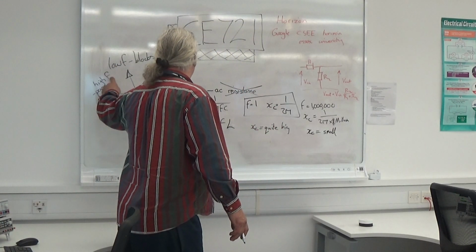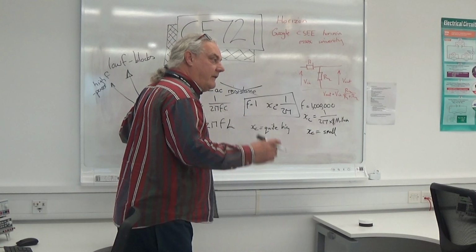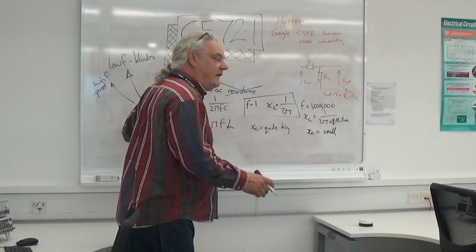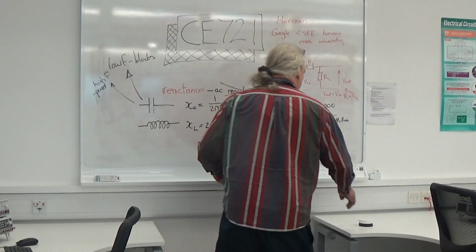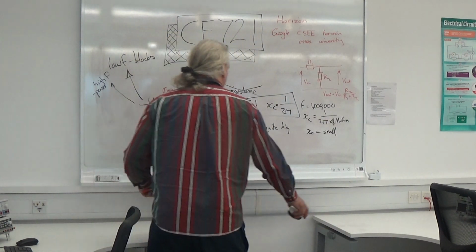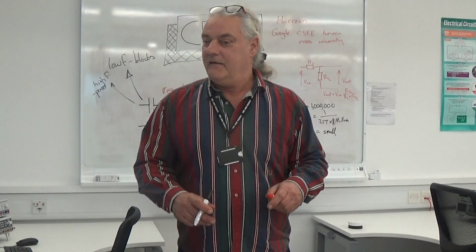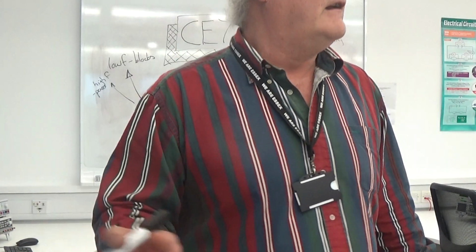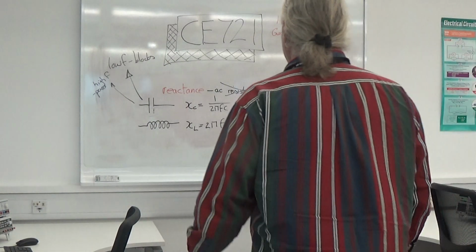Okay, so what's the takeaway? A capacitor blocks low frequency. A capacitor passes high frequency. Got that? Well, what about the inductor? It blocks high frequency and allows low frequency. Exactly. So it's completely the opposite. But let's just have a look at where that came from.